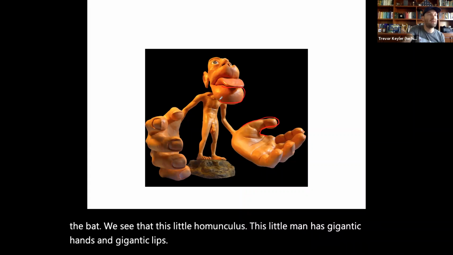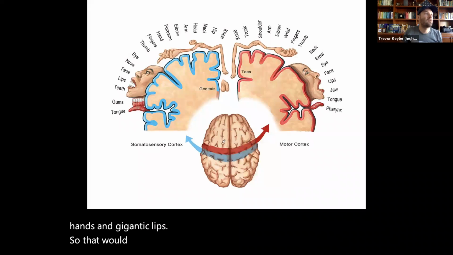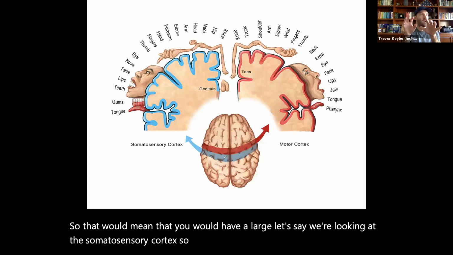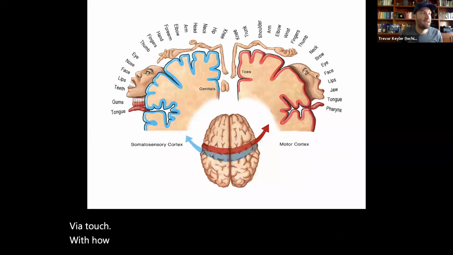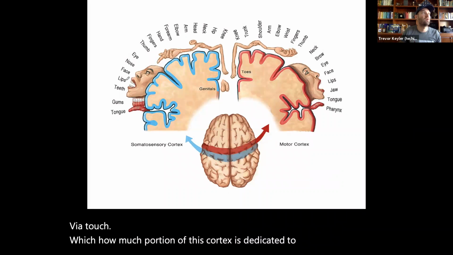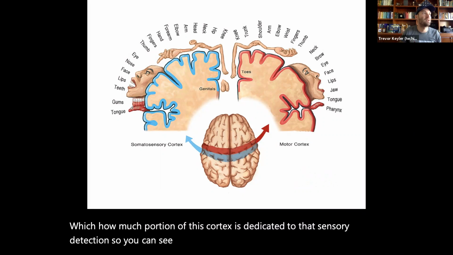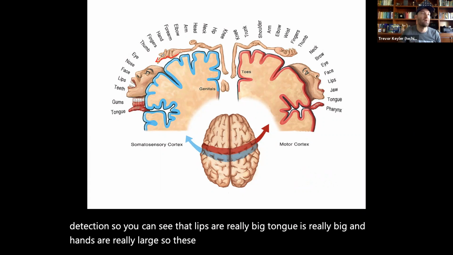Okay, so that would mean that you would have a large, let's say we're looking at the somatosensory cortex, so kind of like touching, right? Detecting via touch. It's how much portion of this cortex is dedicated to that sensory detection. So you can see that lips are really big, tongue is really big, and hands are really large. So these are sensitive areas, right?